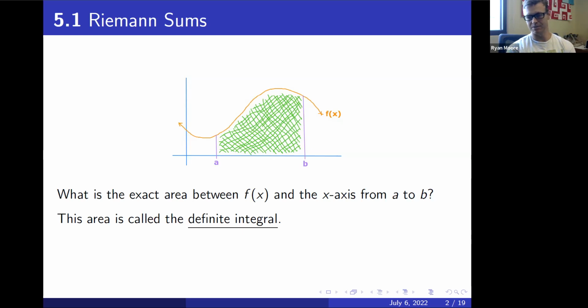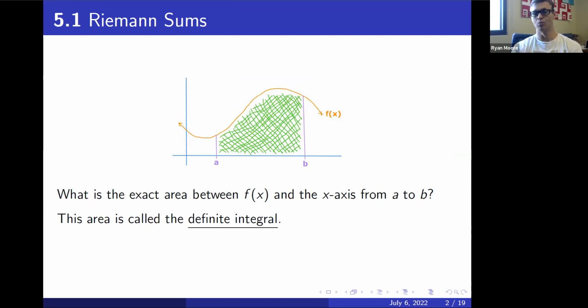The idea is, what is that curved area? Can we find it? Can we calculate these things in general for any function? What is the exact area between f of x and the x-axis, starting at A and ending at B?